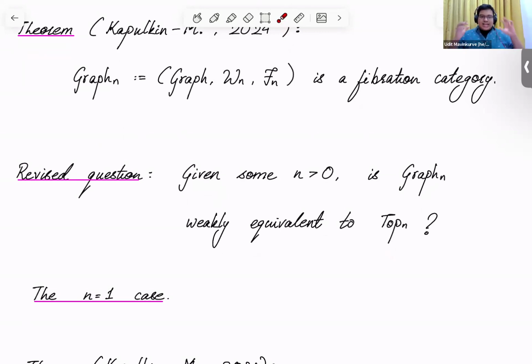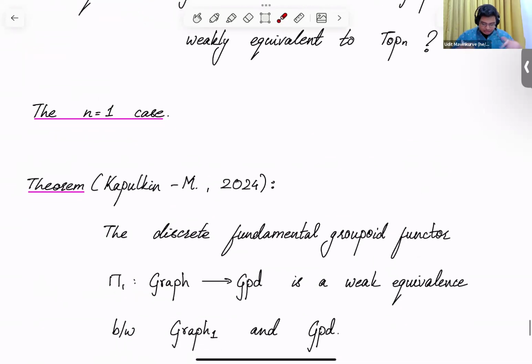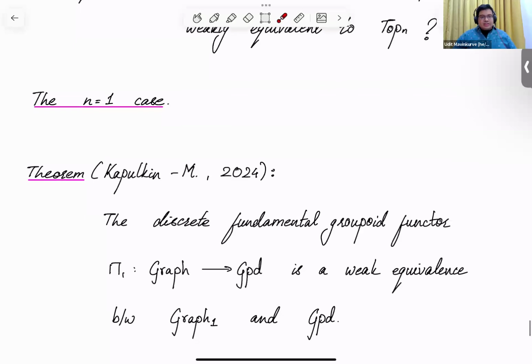Both versions define the discrete fundamental groupoid of a graph. Then in the second preprint, where we describe this fibration category structure, we were able to prove that the discrete fundamental groupoid functor is actually a weak equivalence between these fibration categories. So your 1-types of graphs are equivalent to the canonical model structure on groupoids.